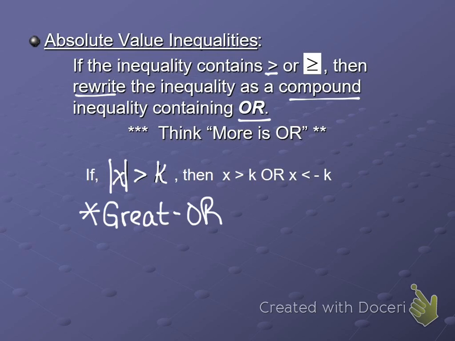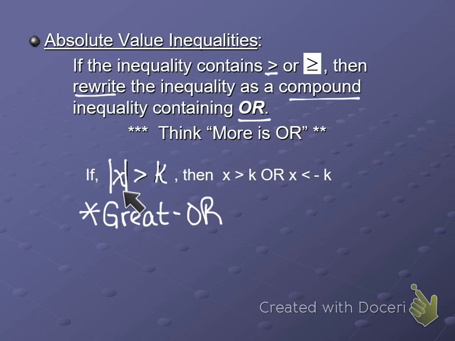Absolute value inequalities. If the inequality contains greater than, then we rewrite the inequality as a compound inequality containing or. One helpful mnemonic is think "greater" is "or." So this is just saying how we split it up.